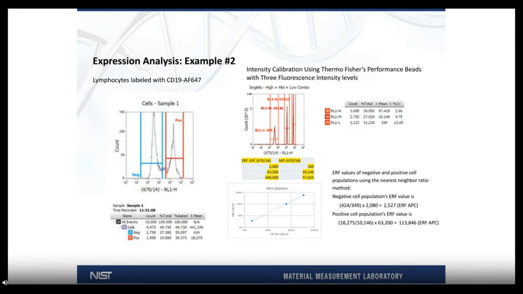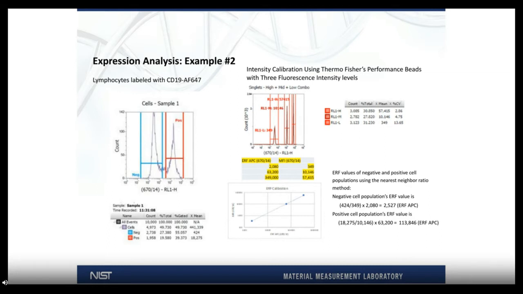And again, we can use the 3 calibration bead points to see where the intensities of the cell populations fall on that calibration line. Or we can use the nearest neighbor approach. In this case, the positive population is closest to the mid-intensity bead, so we would use that to do an assignment, and for the negative population, that's closest to the low intensity beads, so we would use that for the nearest neighbor assignment.